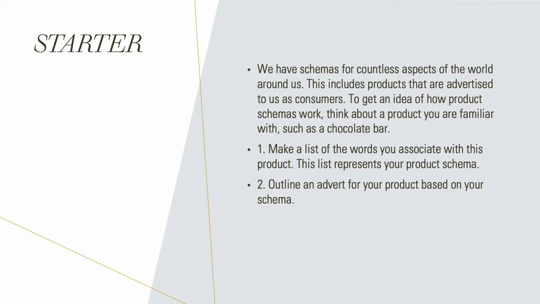So for example, I thought about Dairy Milk chocolate as a product that I'm familiar with. For the list of words that I associate with this product, I would have put things like a glass and a half of milk. I would have put the colour purple because that's associated with Cadbury's.